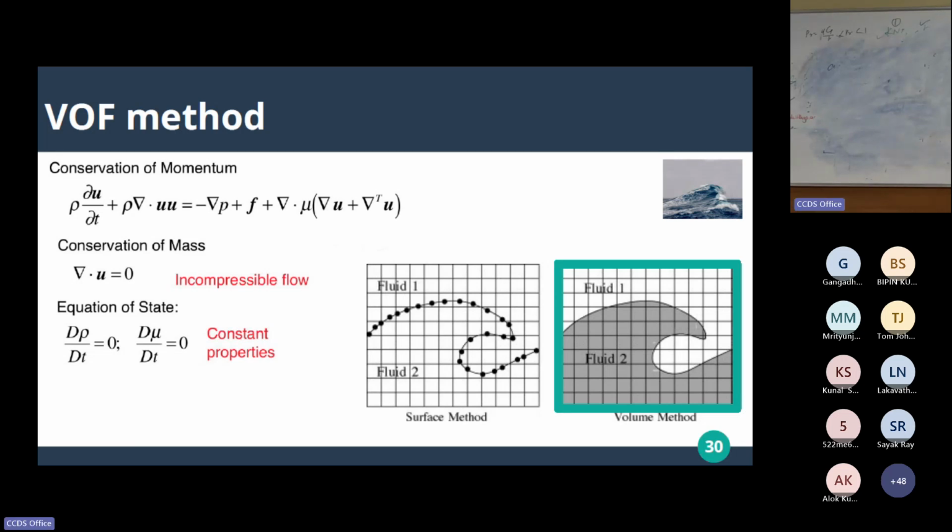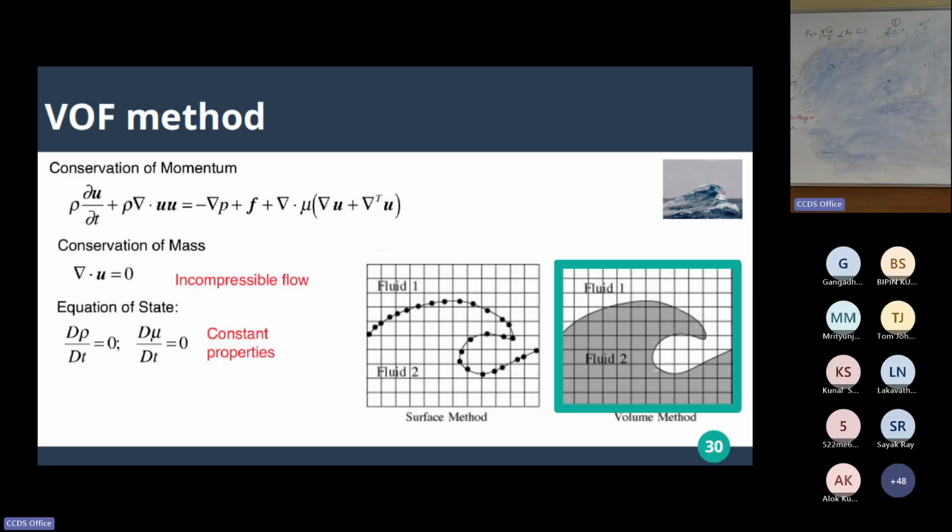Instead of applying a surface force, you apply a volumetric force on the system. This equation is applicable only for those tiny volumes. You always apply the finite volume technique, meaning you will have a mesh within that, how much flux comes, how much flux really goes, and so on. That is the way you balance.